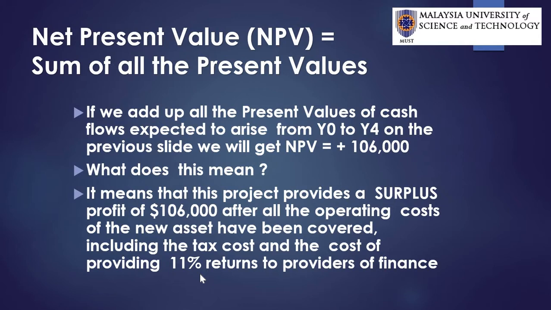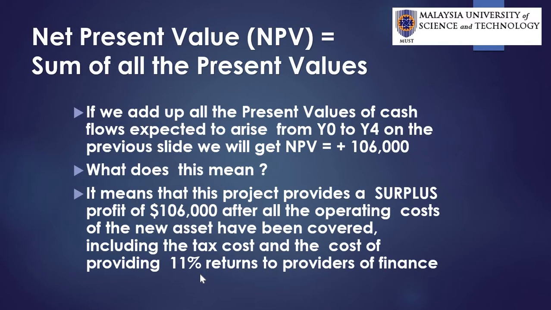But if net present value is positive, if it is surplus, it means we are able to provide shareholders with a return over and above what they require. This is why you will find that often textbooks of finance and articles on finance will tell you that net present value is an addition to shareholder value.